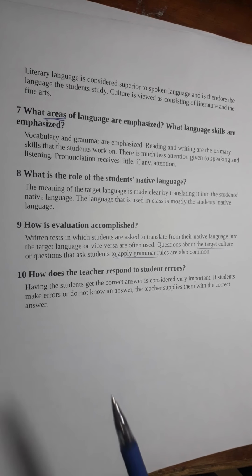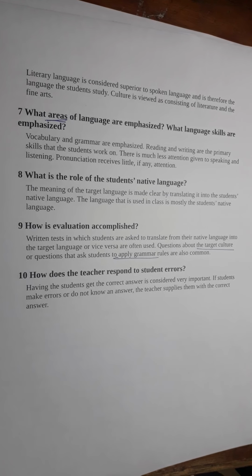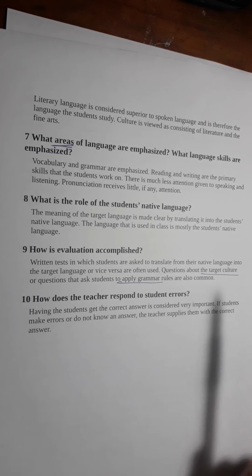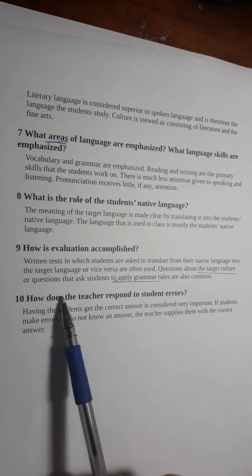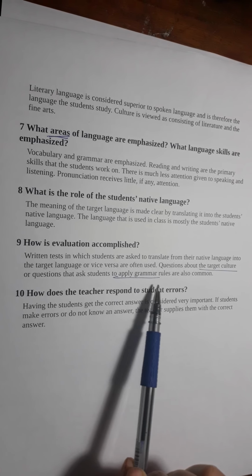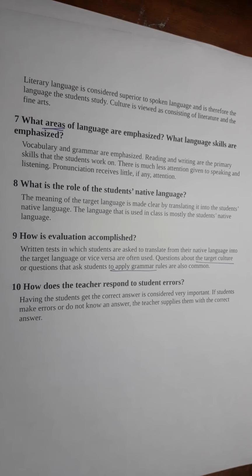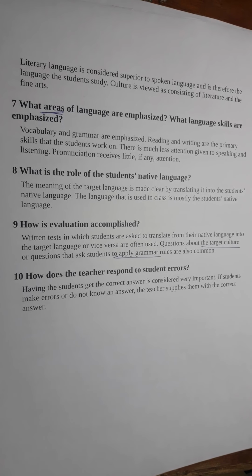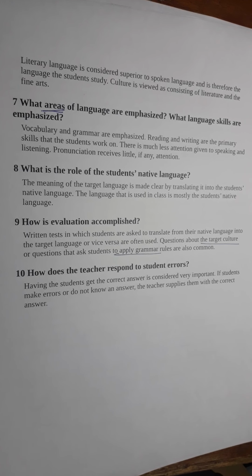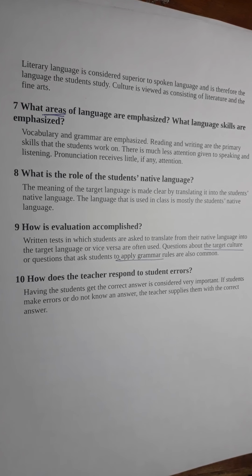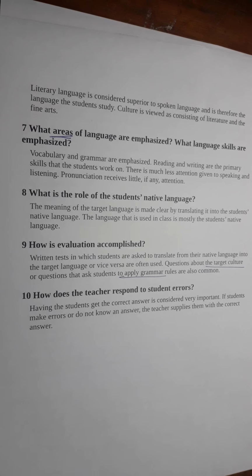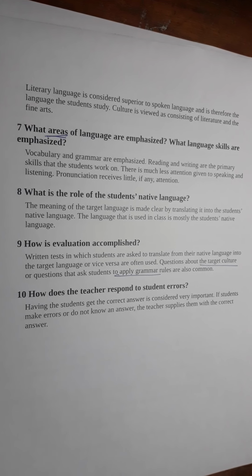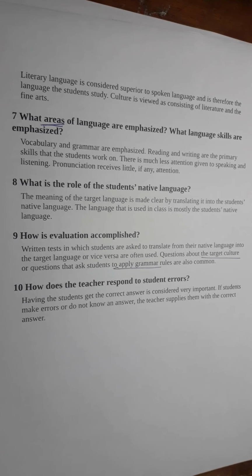Also, the evaluation includes questions about the target culture and asking the students to apply grammar rules in relation to the grammatical rules of the target language. So in this case, we have 3 ideas. Number 1, translation. Number 2, knowledge of the target culture. And number 3, the application of grammatical rules of the target language.